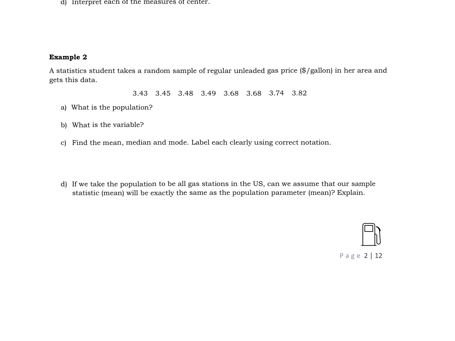So first thing, it says a student takes a random sample. So we know this is a sample of regular unleaded gas prices in her area and gets the data below. So what is the population? She took a random sample, but the population would be all gas prices in her area.